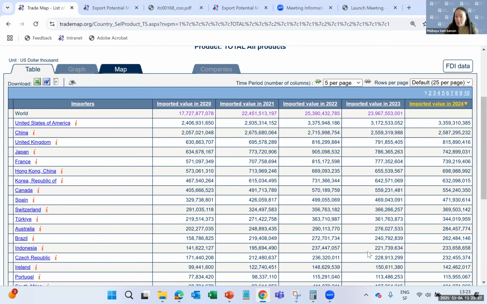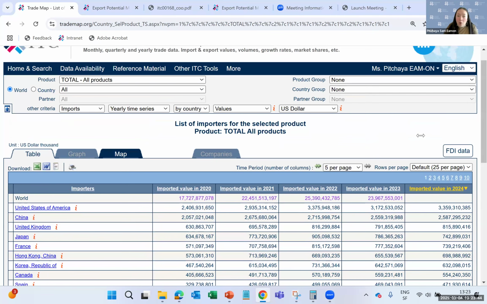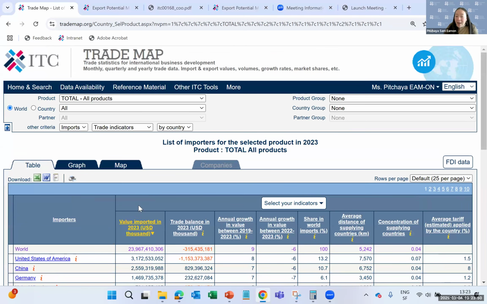This is the data reported by the country to ITC. So you already have 2024 data, even though the trade indicators themselves will be updated later to 2024. Right now, we're only looking at trade indicators 2023. This will be changed in May or April. We'll see.